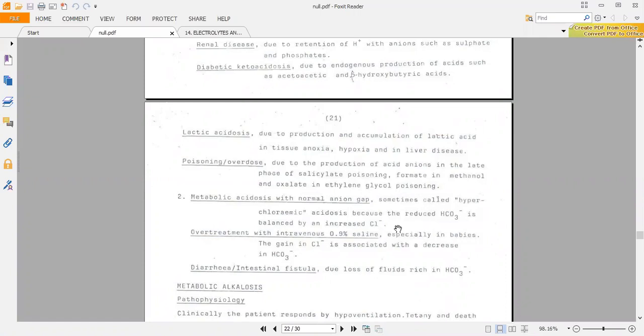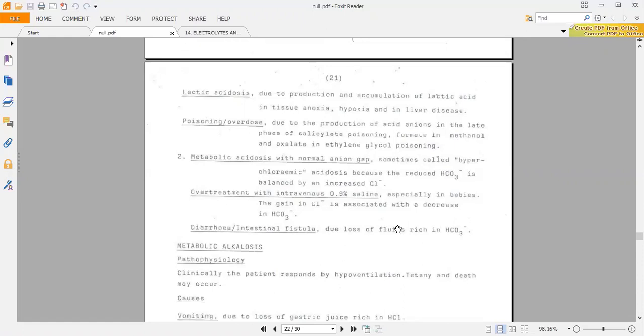Remember that the anion gap is equal to sodium minus the sum of chloride and bicarbonate. So if the chloride levels are high, they will tend to keep the anion gap normal. Good.